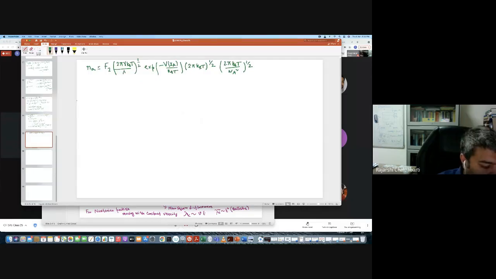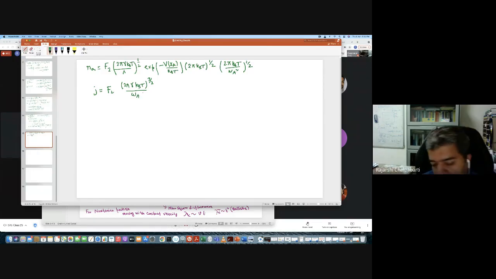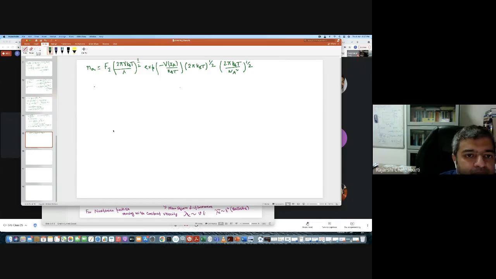So if you write down the expression for J, it was something like f2 twice pi gamma kBT whole to the power 3 by 2, I think I had, by omega_A, because kBT to the power half and then 1 by kBT was there. Anyway, and you had gamma by lambda whole to the power of half. Sorry, not this one. I made something stupid here. First, let me write down the final form of Na.